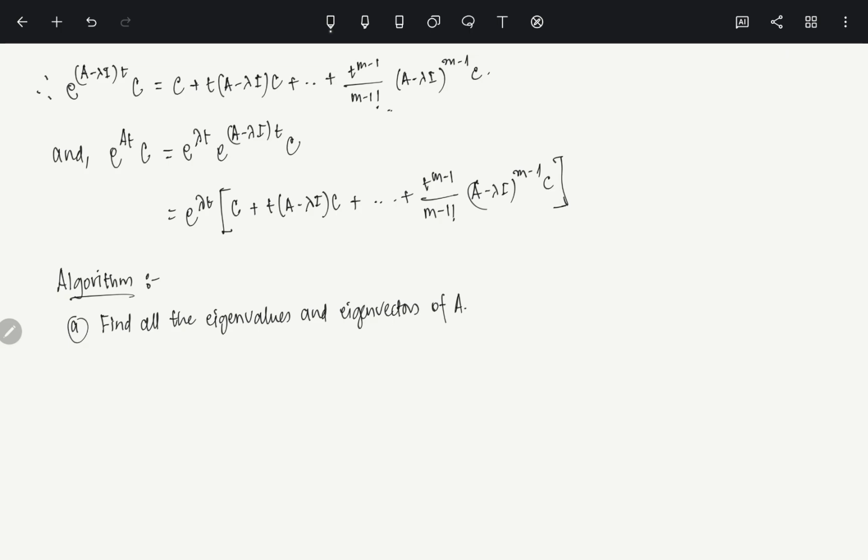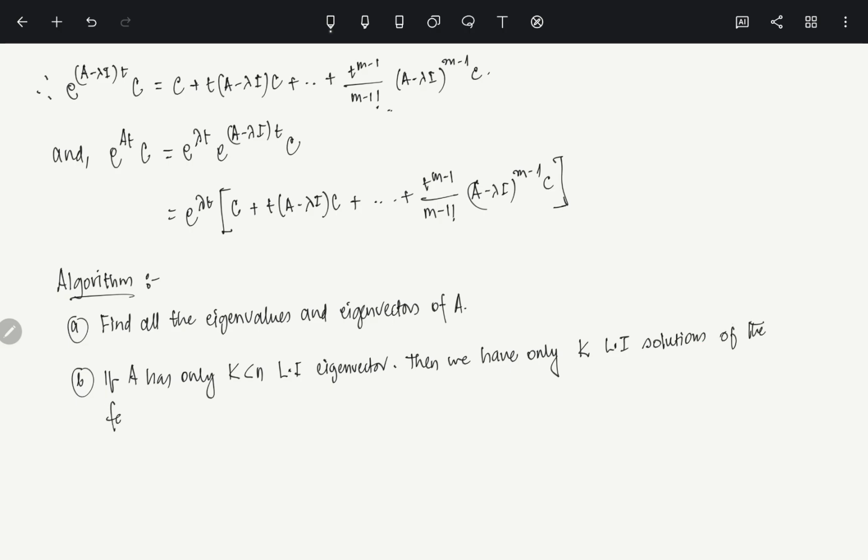Now, B: if A has only, let's say, k, which is less than n, linearly independent eigenvectors, then we have only k linearly independent solutions of the form e^(λt) times some vector v, which is just the corresponding eigenvector.